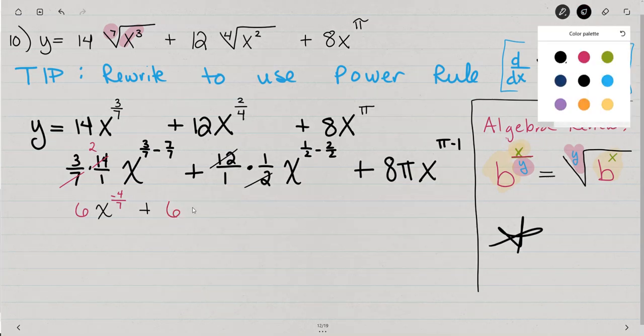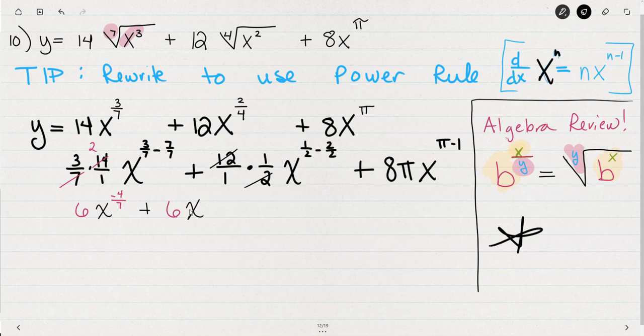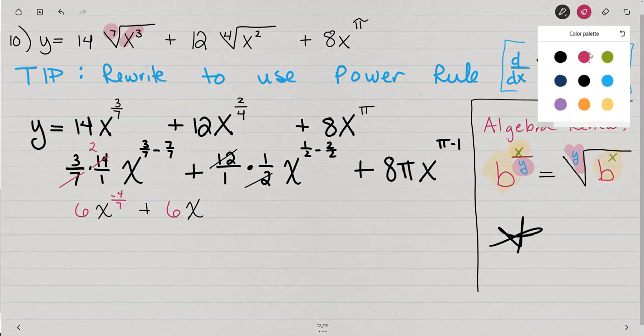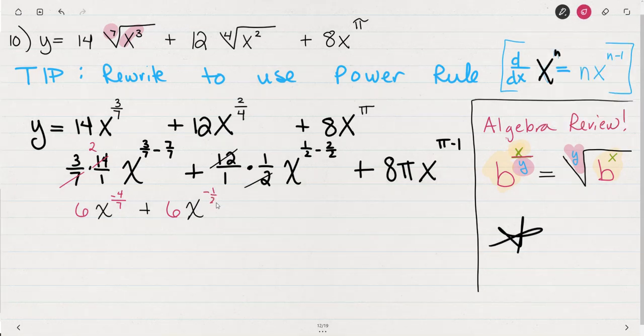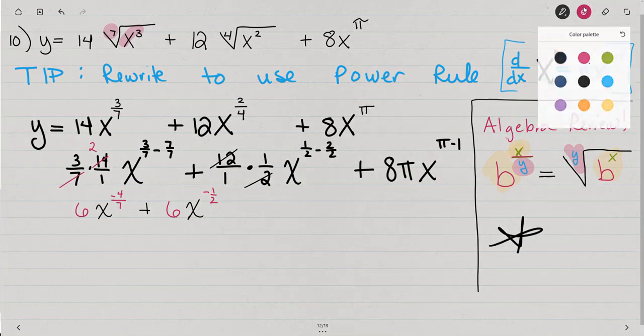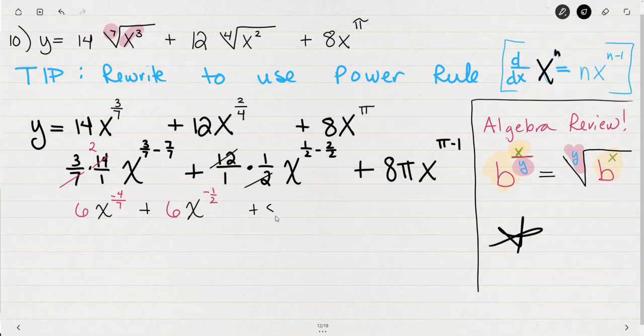X to the 1/2 minus 1 is negative 1/2, plus 8 pi x to the pi minus 1.